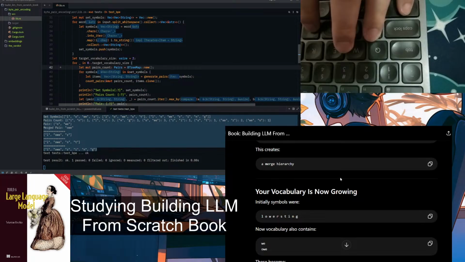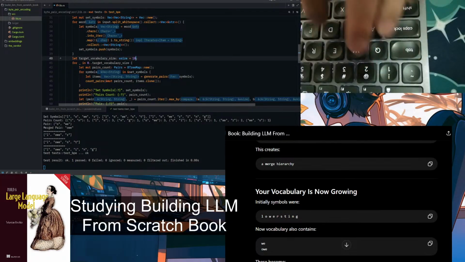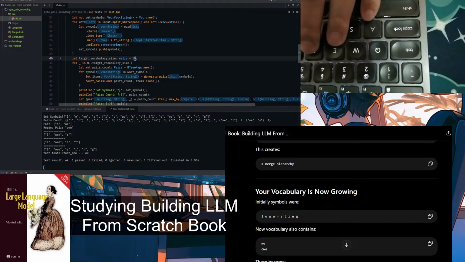Okay, your vocabularies na gawin. Initially, symbols were lower string. Paano yun? I'm trying to study byte pair encoding. So, it's a topic in this book. So, chapter 2, there is a topic about tokenization.